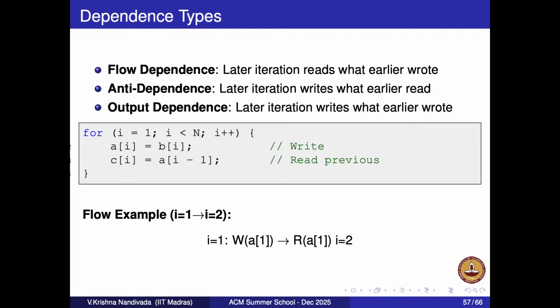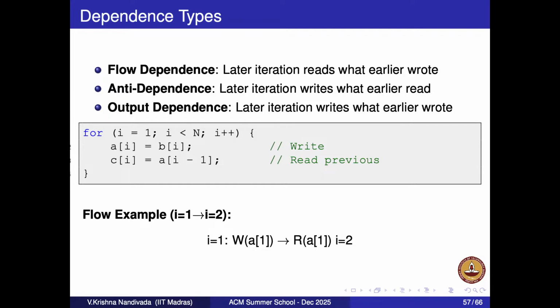As a result, if you parallelize, this will lead to wrong results, because the serial program says it should happen in this order. If you parallelize this loop, the semantics will change. Correct?